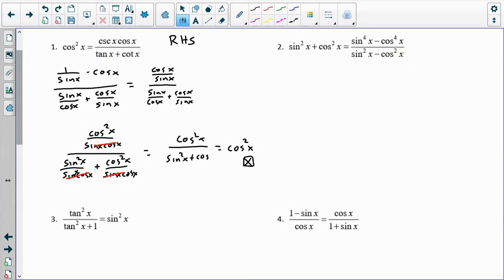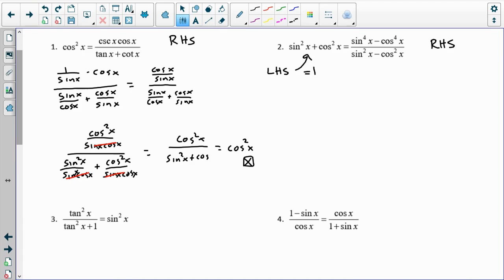Number 2, I'm going to work with the right-hand side, but this is a case where I'm allowed to manipulate both sides as long as I don't cheat, so to speak, like multiplying both sides by something. But the left-hand side, I know this equals 1. So once I get to 1, then I can pretty much be done.